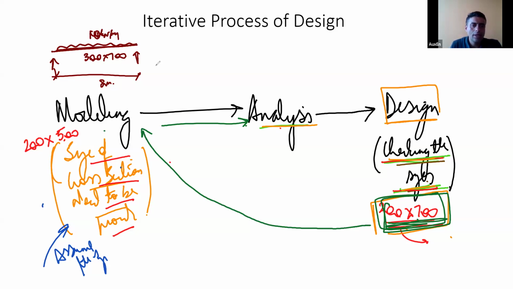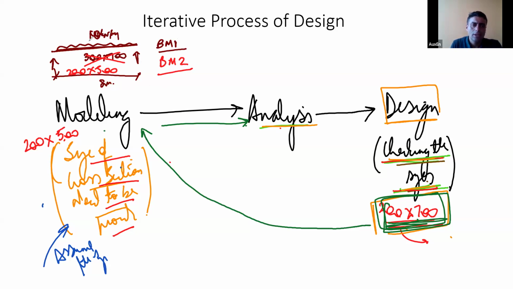Now if my bending moment is, let's say, bending moment 1, for this particular size. Now if I change the size to 200 by 500, the bending moment that I get, will it be same or different? Will it be more or less in this case when I change the beam size to 200 by 500? Forget about the bending moment due to self-weight right now.